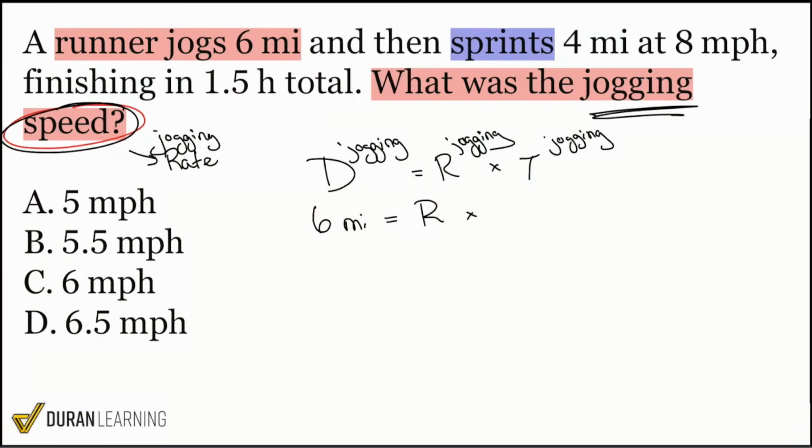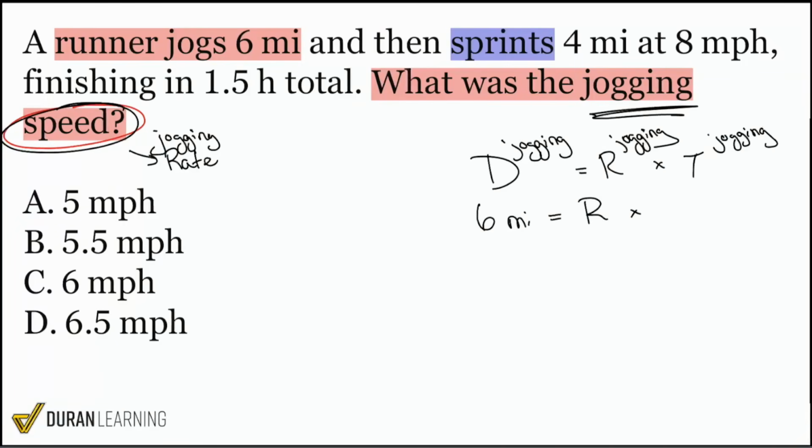So when we look at the predicament that we're in, I need the time that we spent jogging. To get there, I can understand that the time we spend jogging plus the time we spend sprinting is going to equal 1.5 hours.